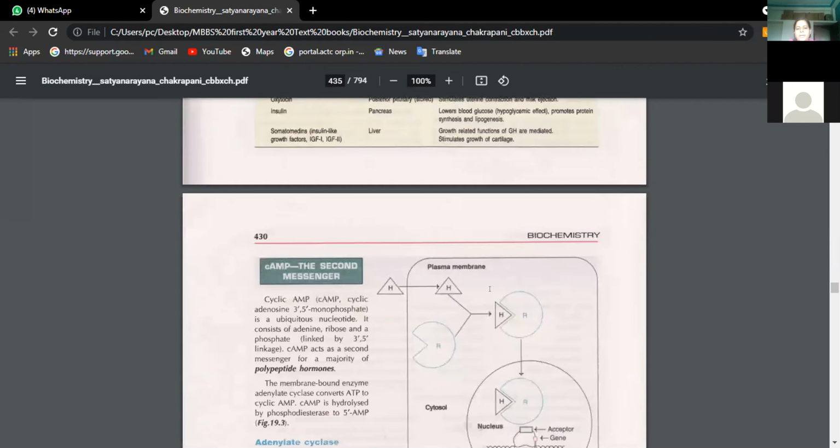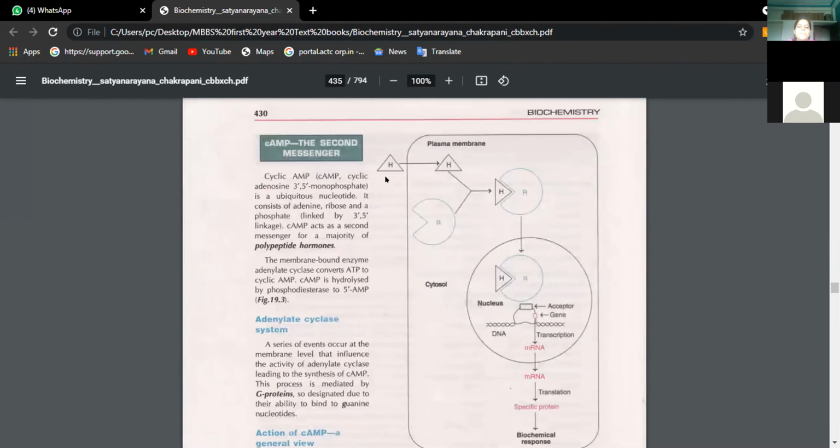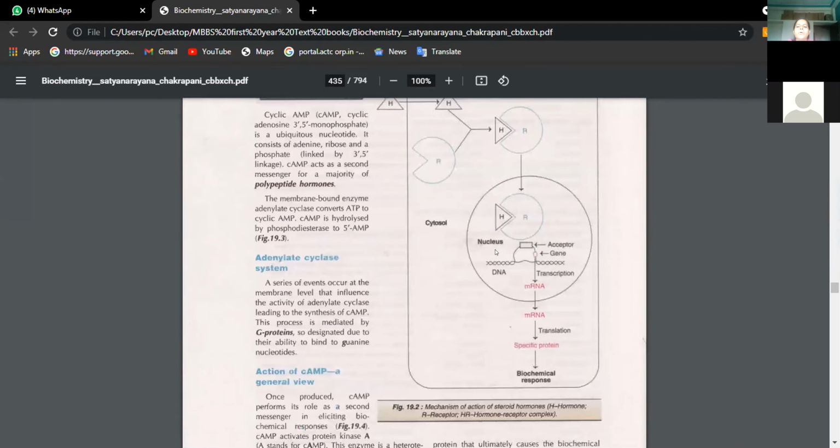How are they acting? Group 1 hormones, suppose this hormone is growth hormone. You will see it is entering into the cell. It will have receptors inside the cytoplasm, and once it enters the cytoplasm, the hormone is allowed to go into the nucleus, and we know in the nucleus it undergoes transcription and translation, and it helps in the formation of a specified protein.